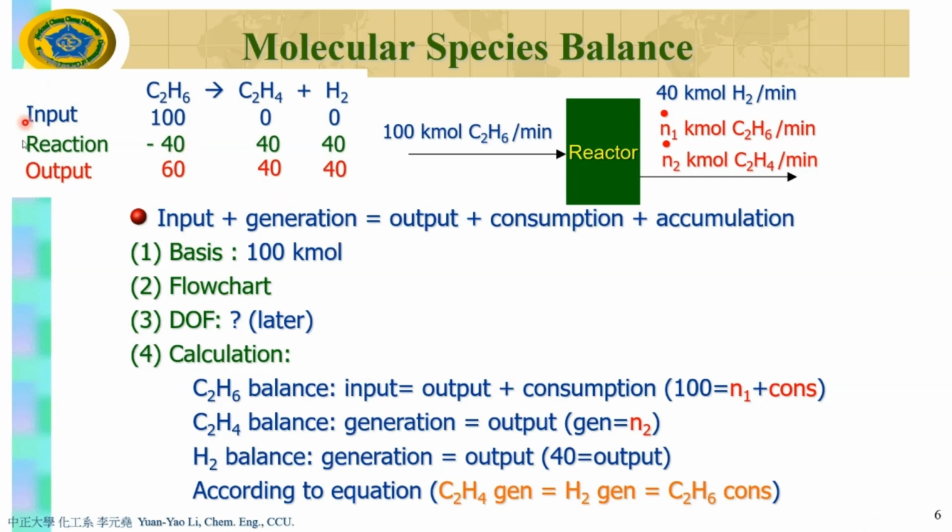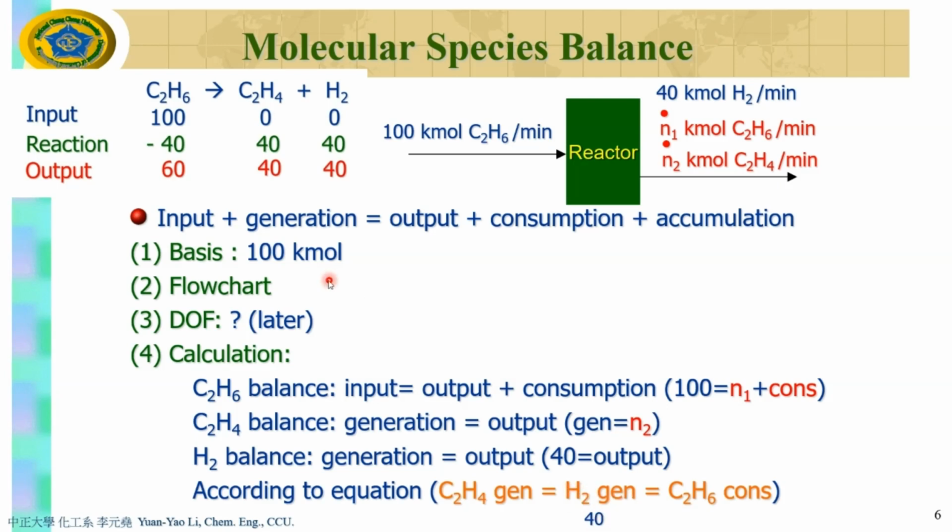Okay, if you don't write down something like this, then you need to understand this part first. As we know, the C2H4 generation will be 40.